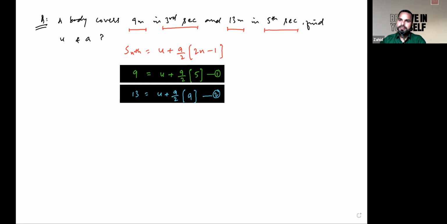And then on putting the value of a in any given equation, you will find u. Try to solve. Just subtract these two equations. So it will be like this.